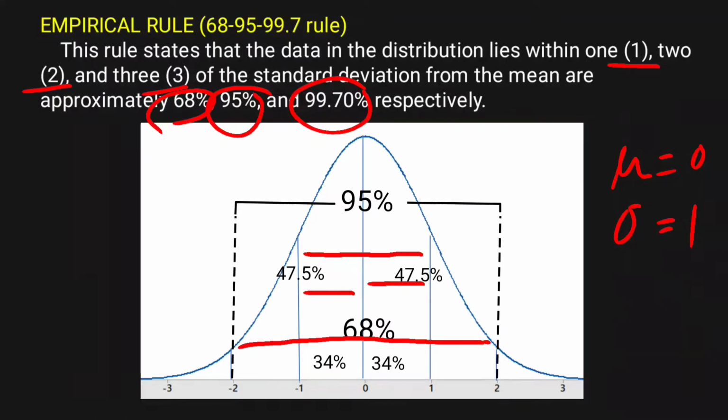Since negative 1 to 0 is 34%, para makuha itong part na to, negative 2 to negative 1, and then 1 to positive 2, isubtract lang natin yung 34% dito sa 47.5%. So subtract lang natin. So therefore this part is 13.5%.